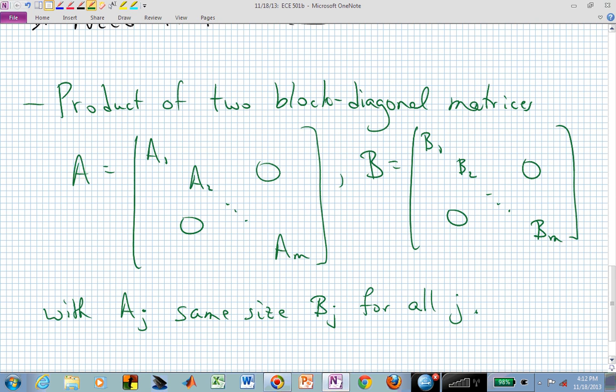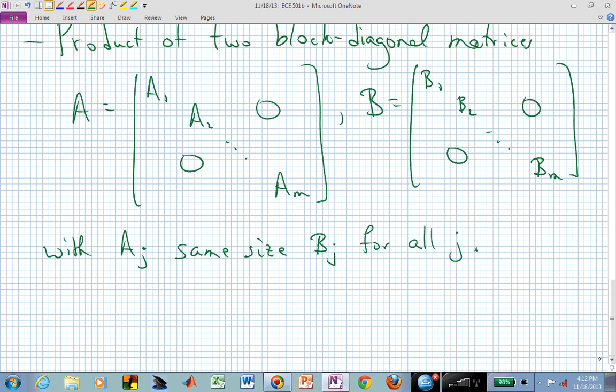A1's the same size as B1, A2's the same size as B2, A sub m is the same size as B sub m. If that's the case, then this matrix product, AB, remains block diagonal.